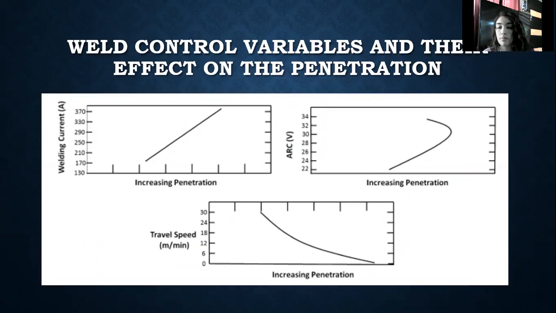Here we have a representation with graphics of weld control variables and their effect on the penetration. If the welding current increases, the penetration also increases. If the arc voltage increases, the penetration increases, but as you can see here, it stops increasing and starts to not penetrate.